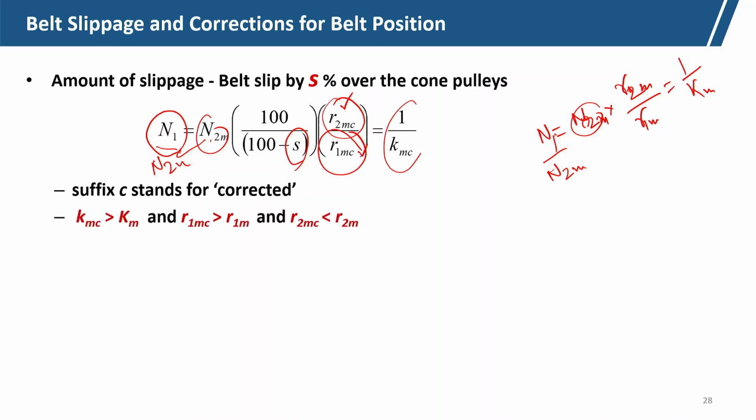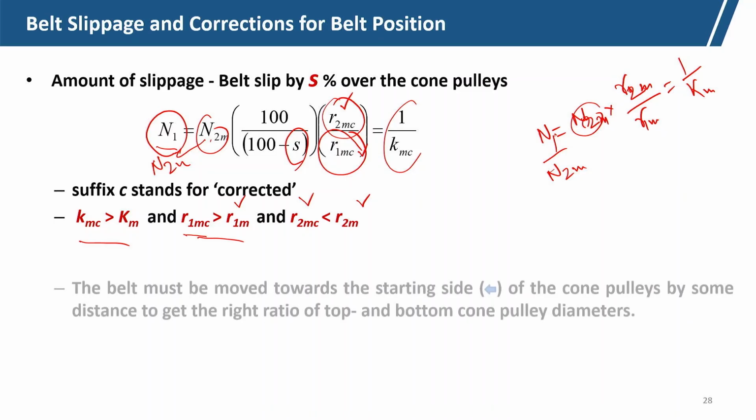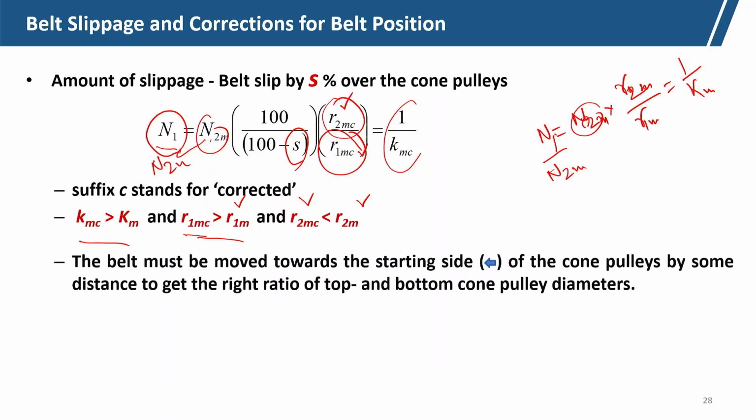KmC is more than Km, R1mc is more than R1m, and R2mc is less than R2m. So, after correction this is to be maintained. So, to actually counteract the belt slippage, the belt must be moved towards the starting point.